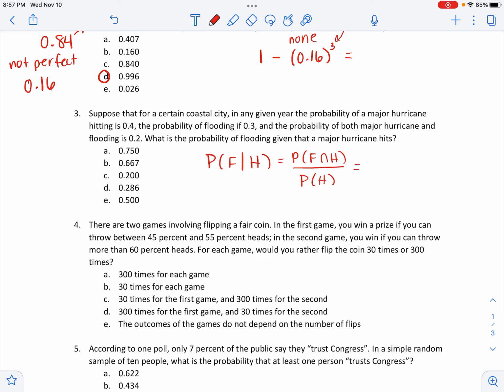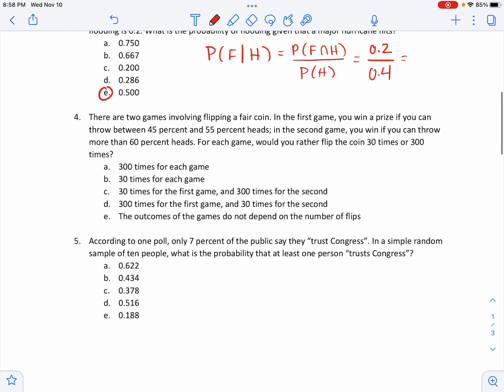So this is where the formula comes in handy. I'm going to plug in what I know. So I know that the probability of the hurricane and flooding is 0.2. And I know that the probability of just a hurricane hitting is 0.4. So I will finish this, 0.2 divided by 0.4, and the answer is 0.5.